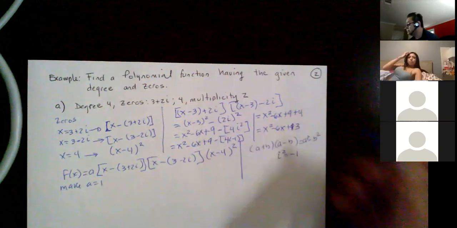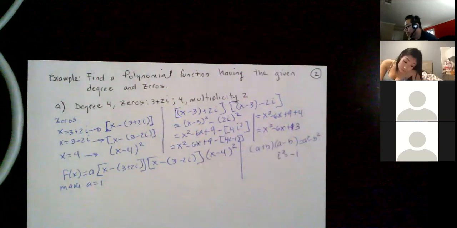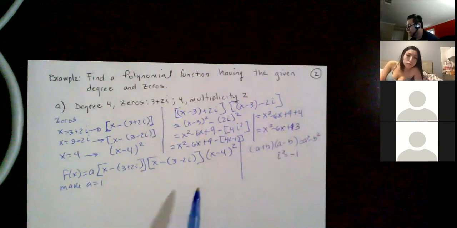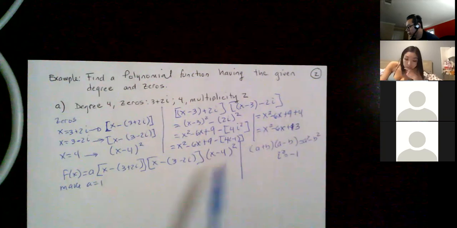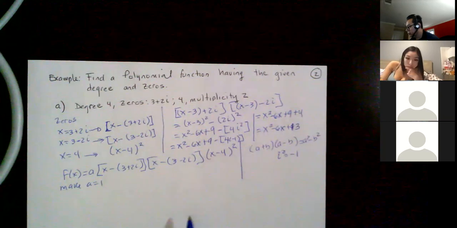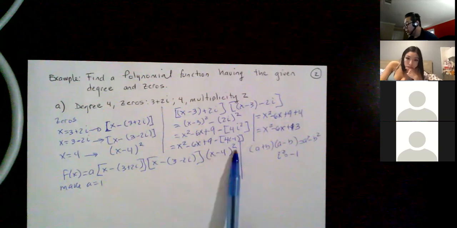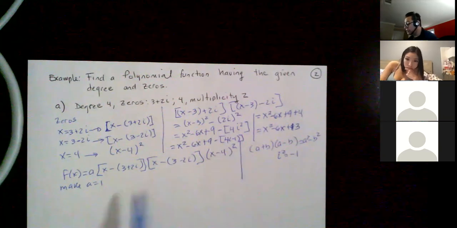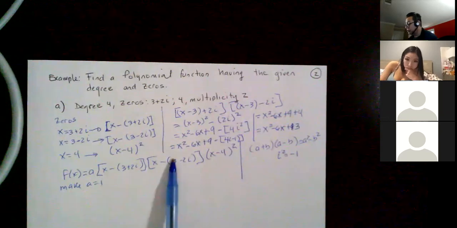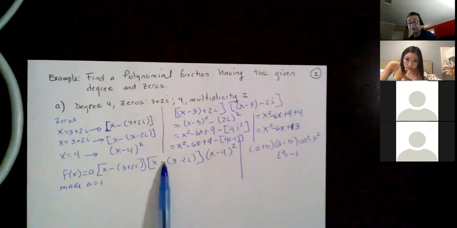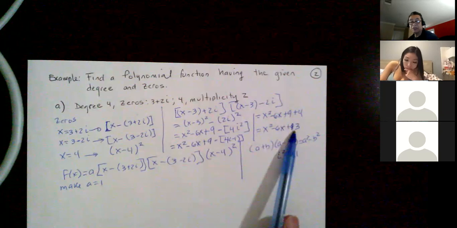What happened to the x minus 4 squared? Oh, we're going to put it together. Here, what I did, I just multiplied these two right here. These two is what we got right here. Now let me put it together.